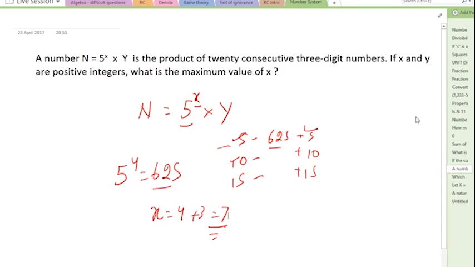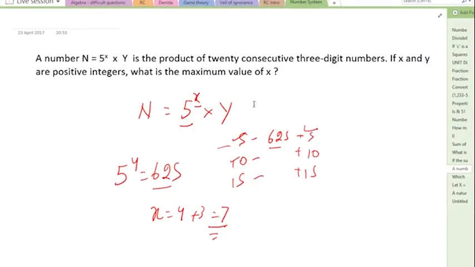Not sure if it was clear. We have to maximize, we are multiplying 20 numbers. We have to maximize 5 to the power x into y. And we know that the 3-digit number with the maximum power of 5 is 625.